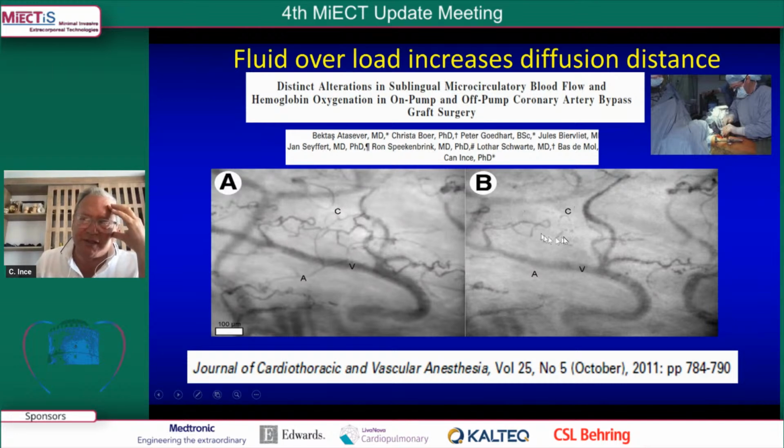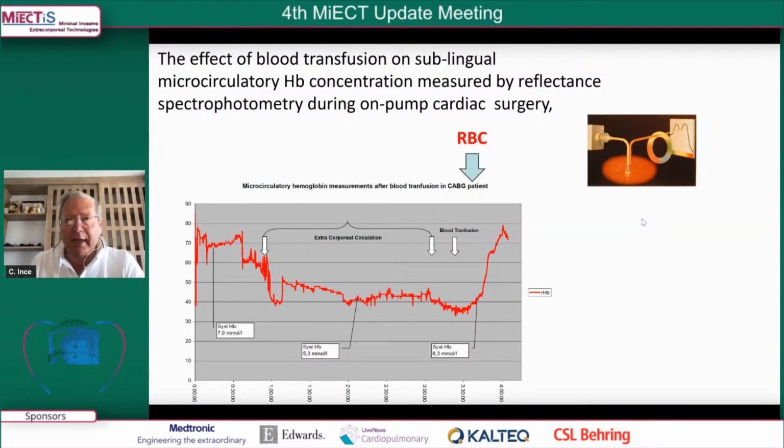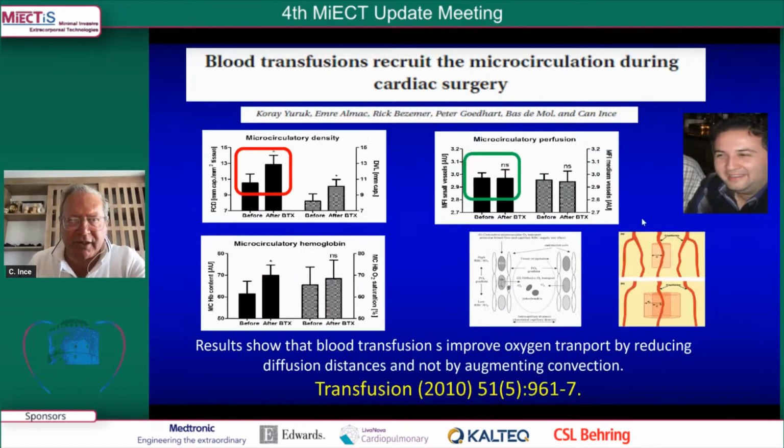Once hemodilution sets in, you see that here in the large vessels, there is still flow, but you see large empty areas in between, showing the problem that the body has in extracting oxygen because the diffusion distances are large. And of course, this happens directly as a result of the hemodilution. And here we see, using spectrophotometry, the enormous dip in tissue red blood cell availability during cardiac surgery and how this is corrected by a blood transfusion.